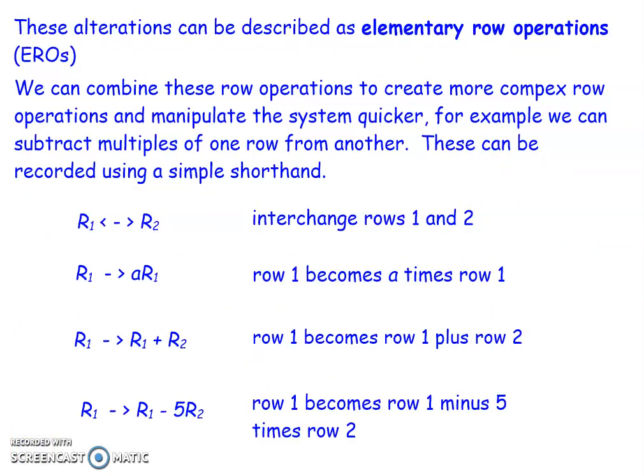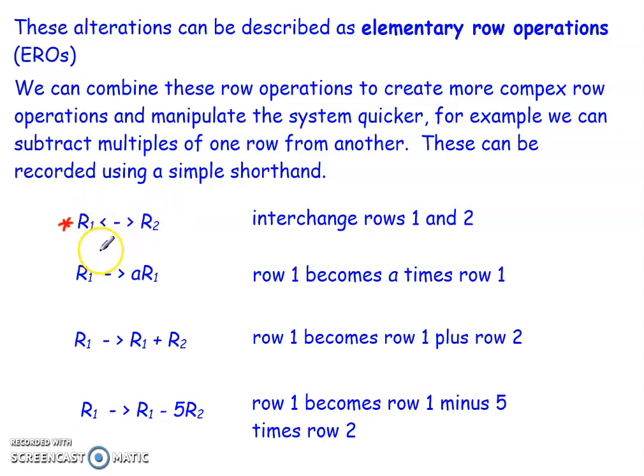So when we're doing alterations as elementary row operations, we've got certain notations that allow us to keep track and record what row operations we've done. So here's a few that we've got here. This first notation here is telling me I'm taking row 1 and row 2 and I'm interchanging them.